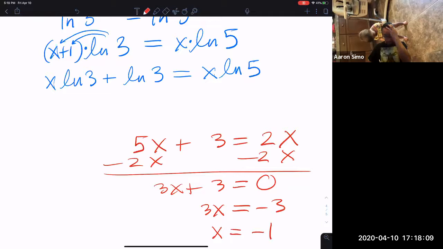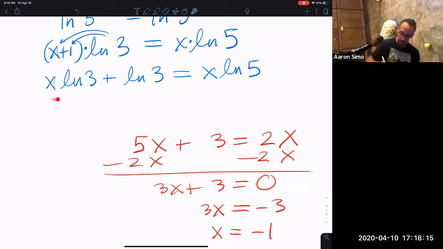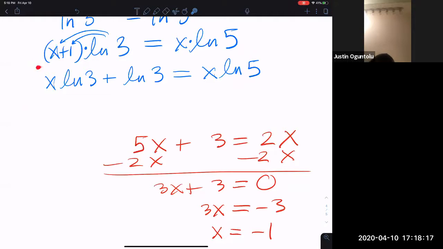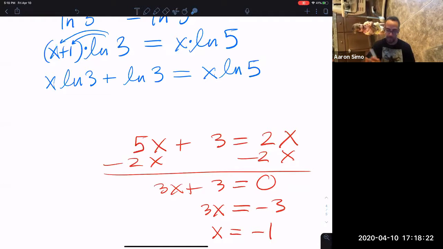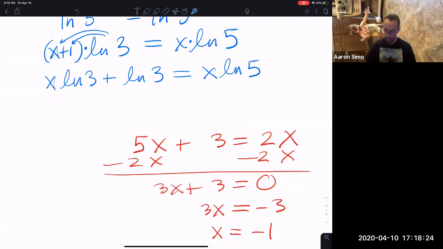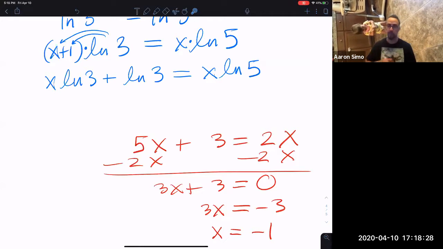Do you realize that the question right here is the same as what I just did? Yep. The numbers are different, and it looks weird because it's ln of 5 and ln of 3. But in this example, the numbers were 5 and 2, so it was easier for you.